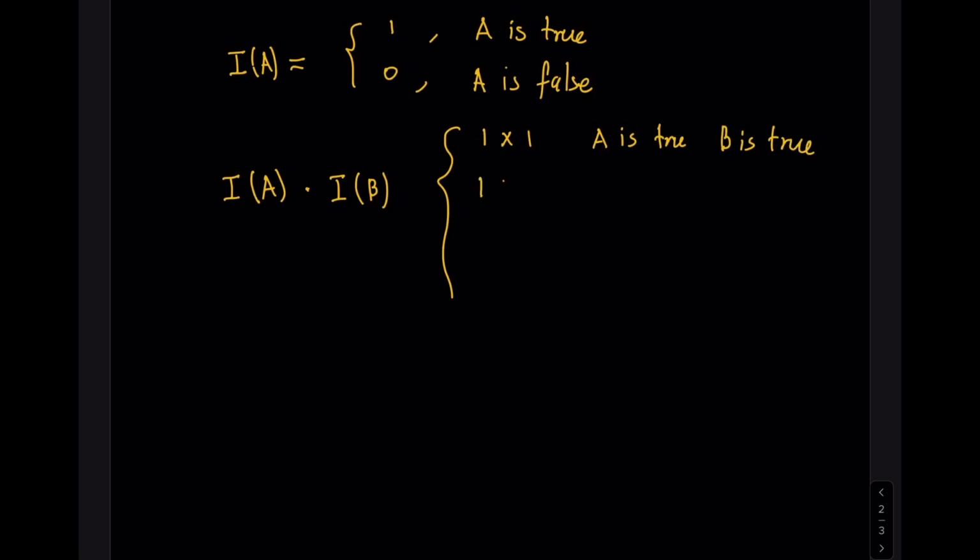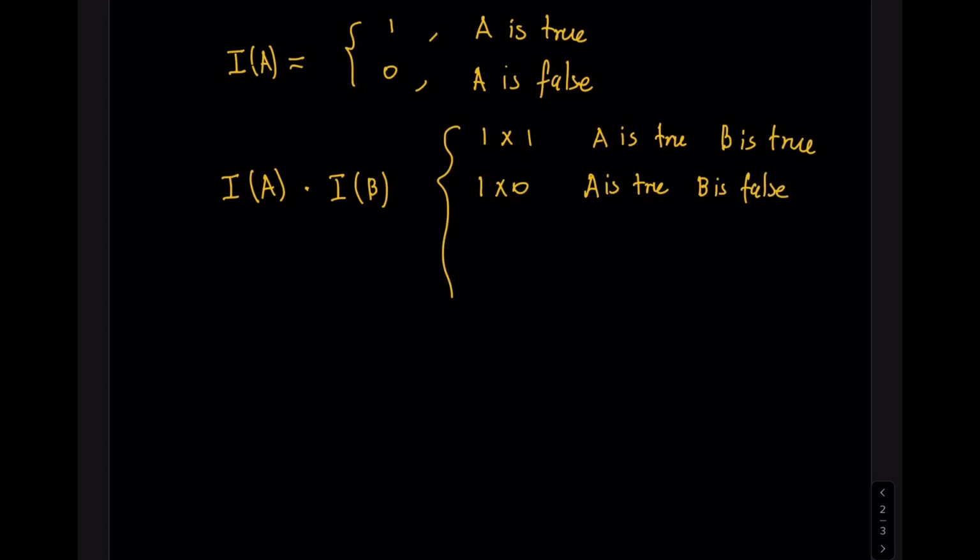Then you've got 1 times 0 if A is true and B is false. Then you'd have 0 times 1 if A is false but B is true. And finally, you'd have 0 times 0 if A is false and B is false.